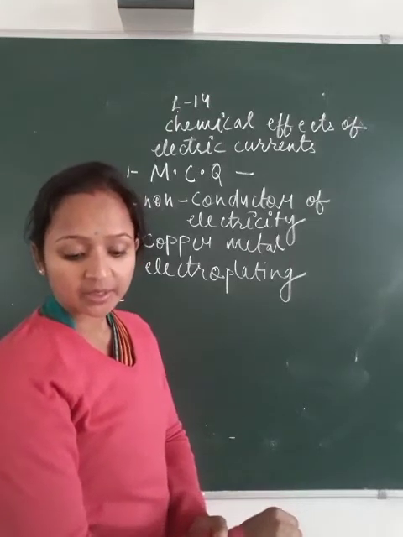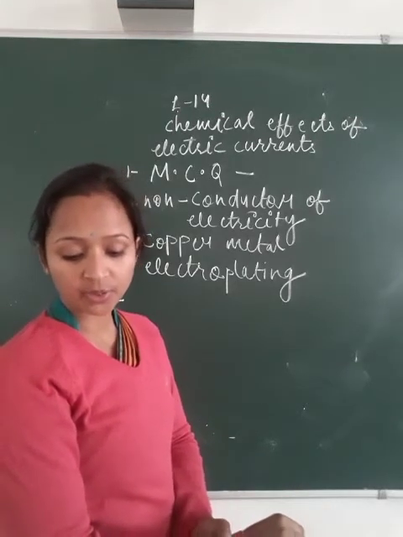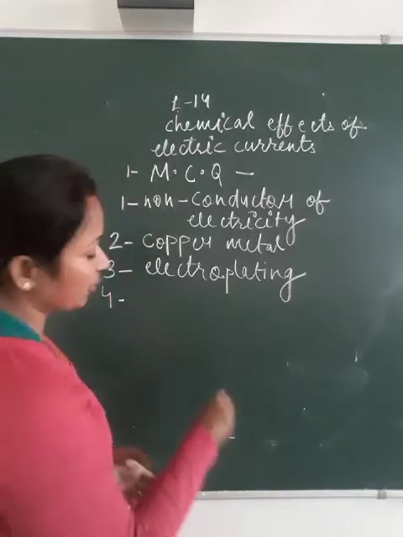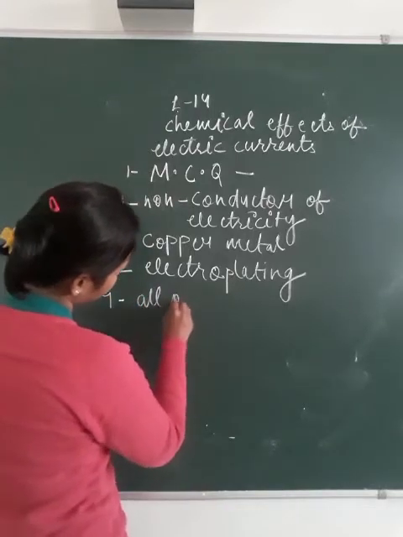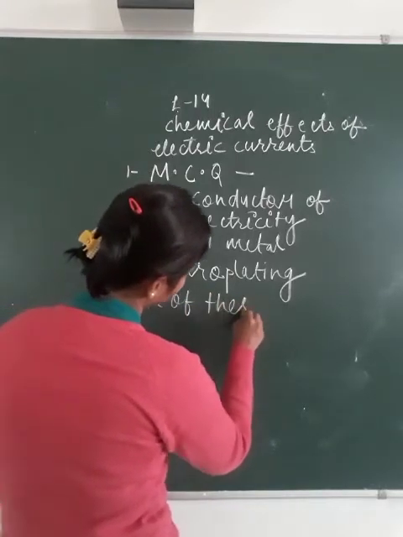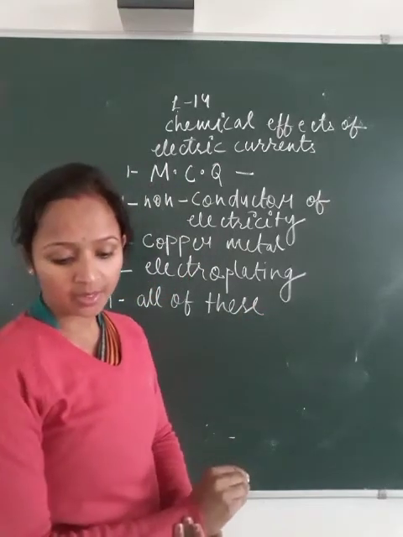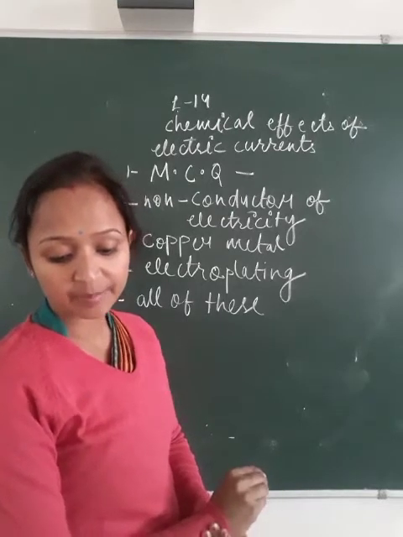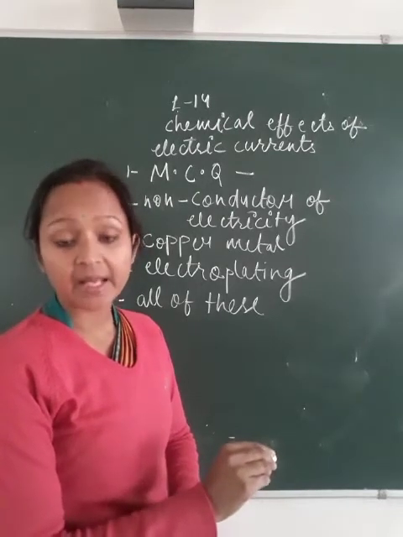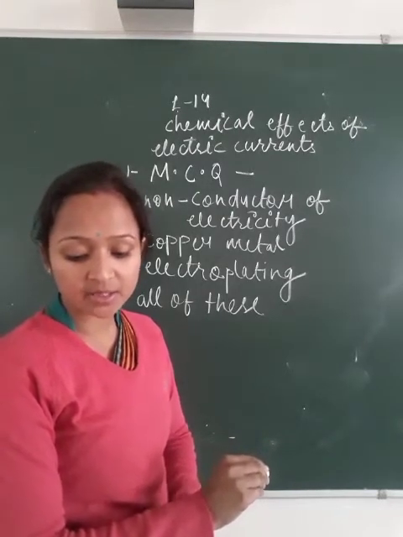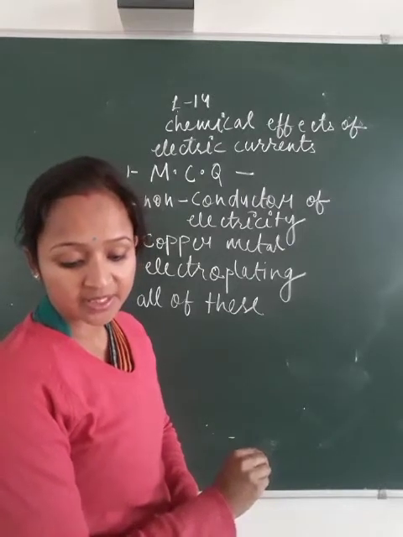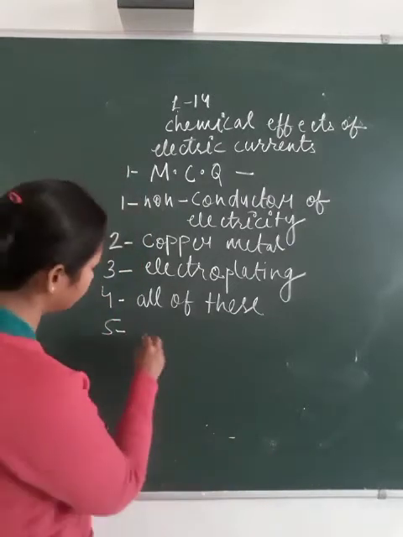Next one, the process of electrolysis is used in all of these. Now on to the fifth one. A weak current can be detected by replacing an electric bulb in an electric tester with both A and B.